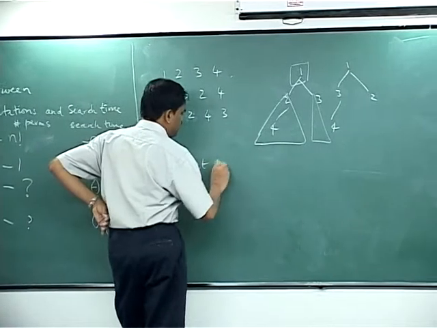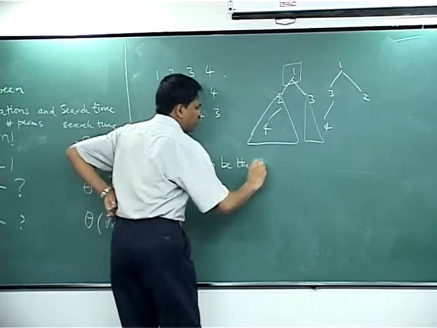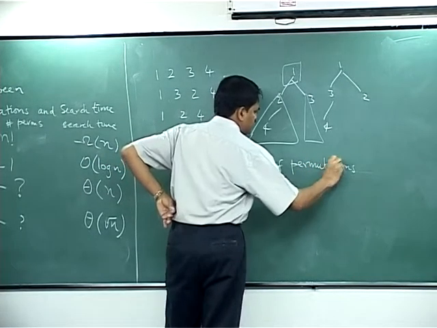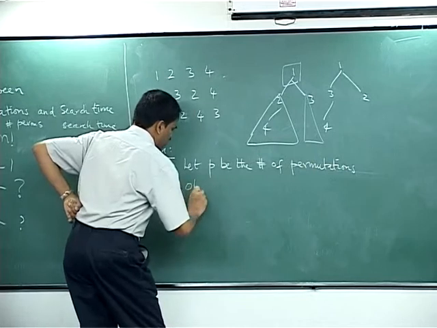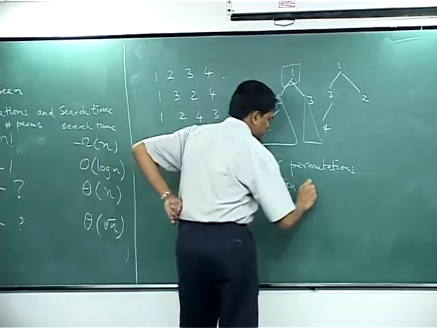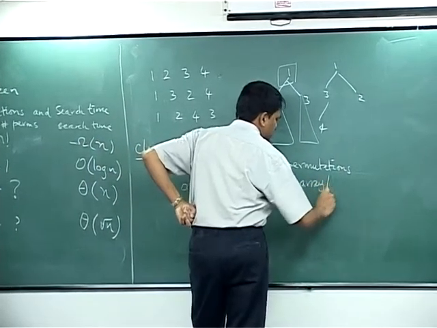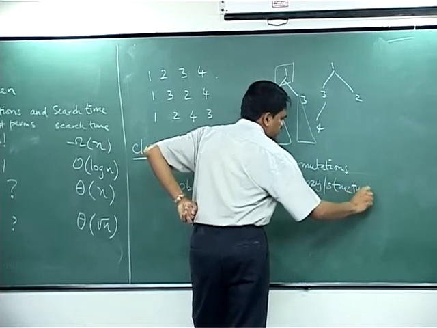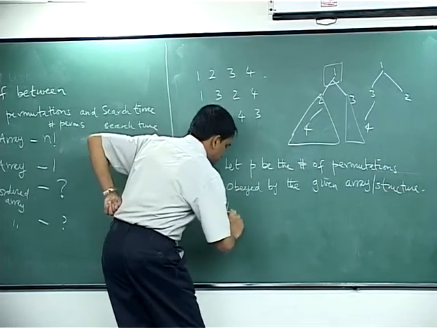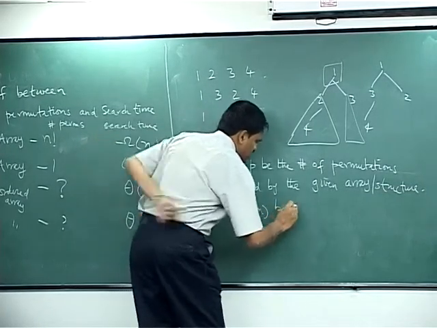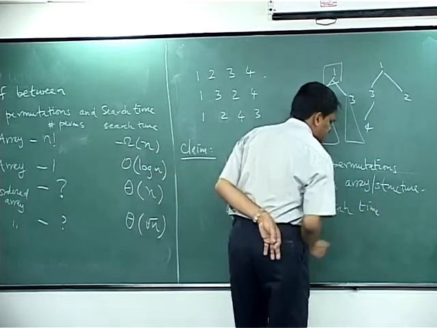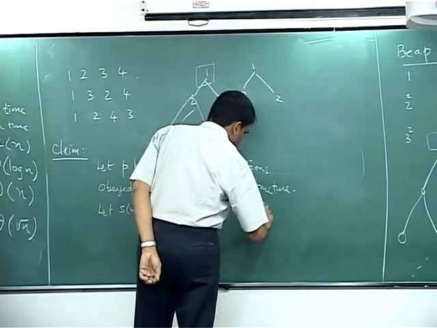Let P be the number of permutations obeyed by the given structure, the array. Let S n be the search time on that structure.